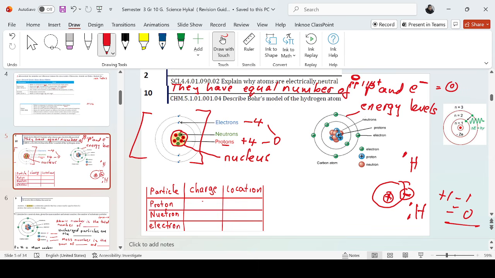Let's come to this table. Protons, what is the charge of a proton? We said it's positive. Neutron, it's neutral, 0. Electron, it's negative. Location, it means where do we find this proton? You can see the proton here, it's inside the nucleus.